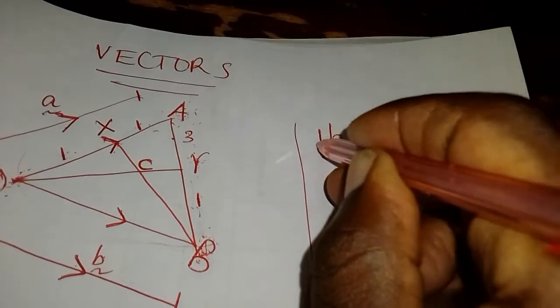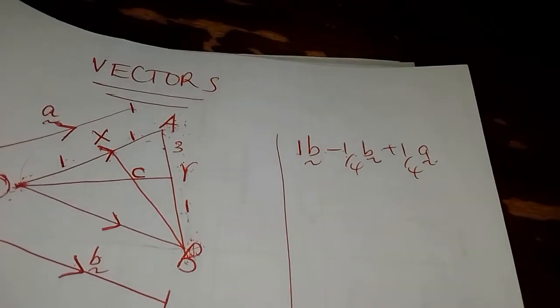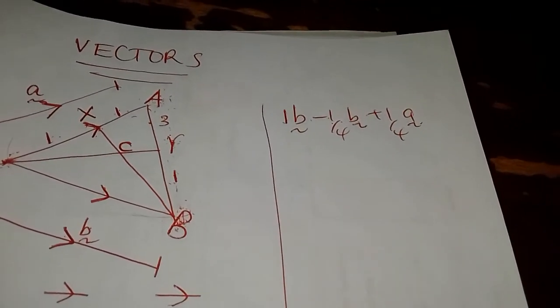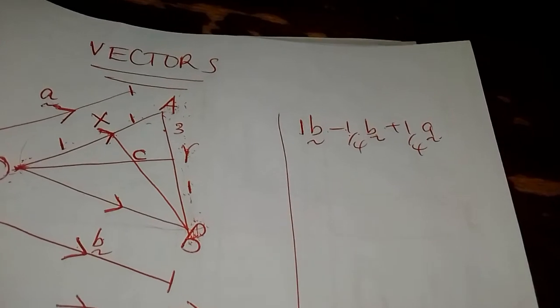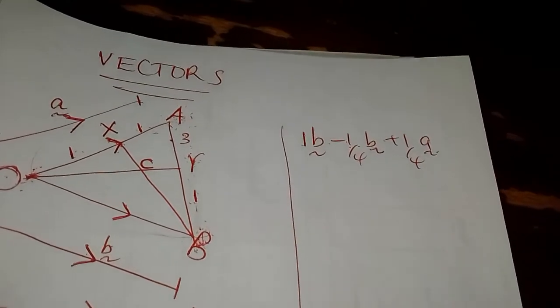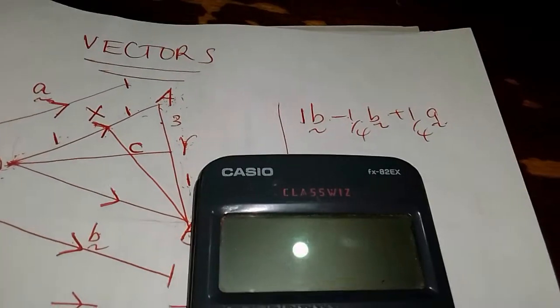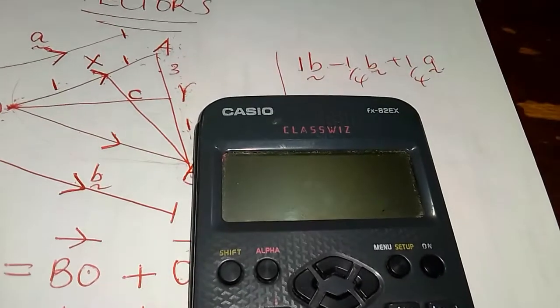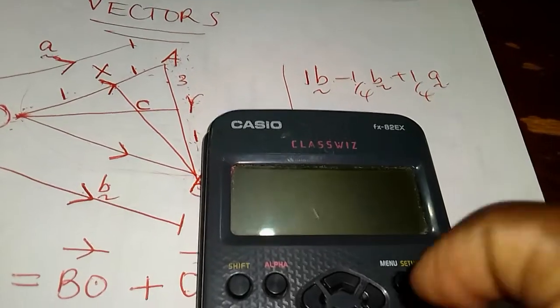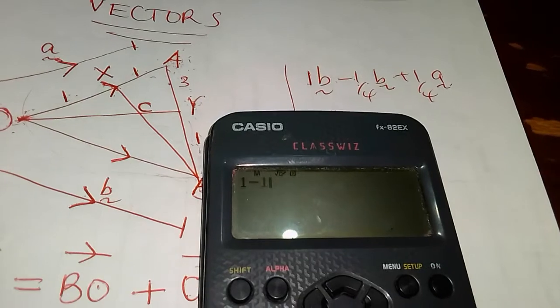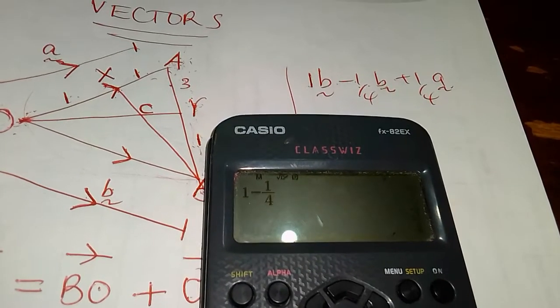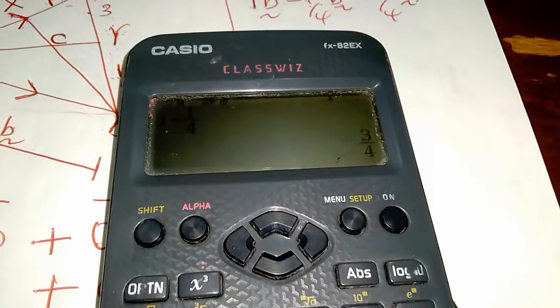So this is like saying 1 minus a quarter, which is like saying 1 minus 1 over 4. That is 3 over 4. Great.